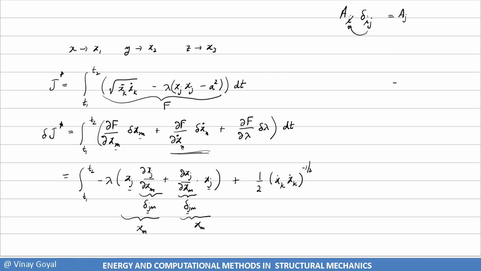And now I have the derivative of what's inside, which is a product rule. And so then I have the derivative of xk dot with respect to xn dot times xa dot plus xk dot derivative of xa dot with respect to xn dot.